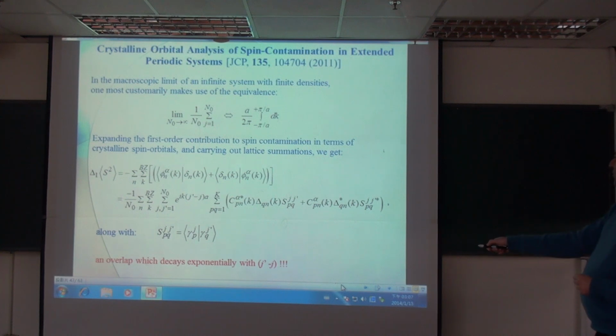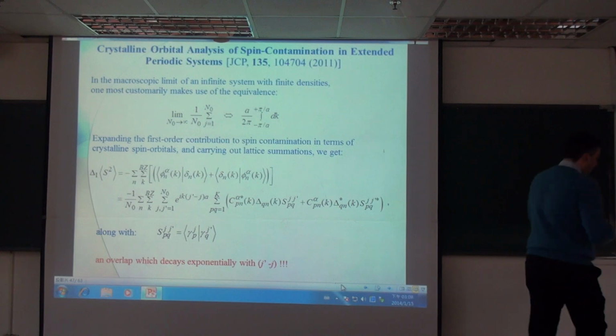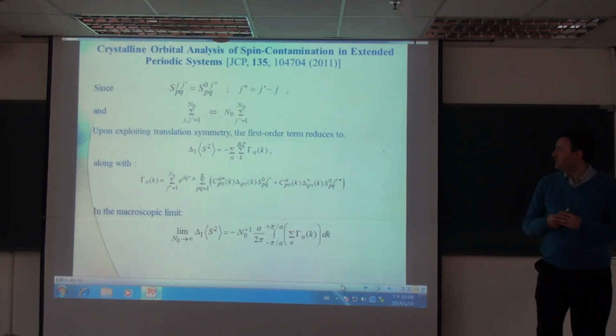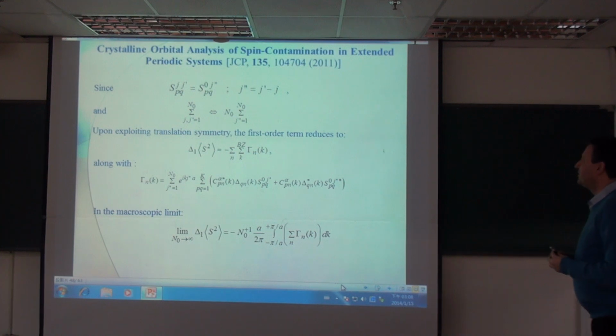Thus we see that we have a double summation over cell indices here. The key point is that we have these overlap matrix elements here that decay exponentially with respect to the distance between cells, thus with respect to the difference J prime minus J. And thus we can use translation symmetry to simplify this formula.